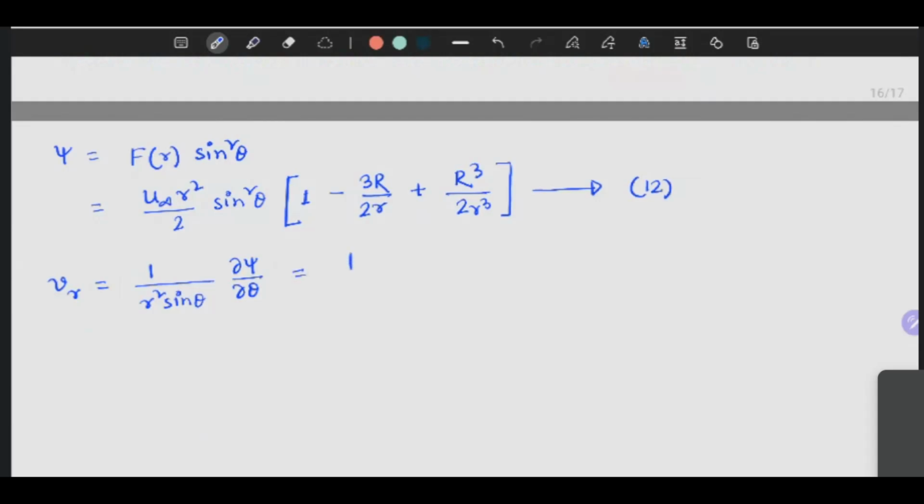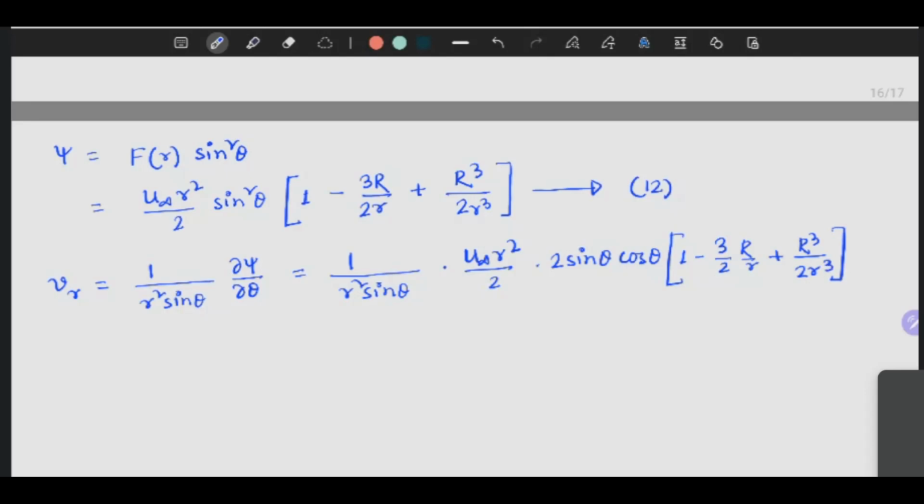So that makes 1 by r square sine theta. So delta psi delta theta is only this value. So this becomes U infinity r square by 2 into 2 sine theta cos theta into 1 minus 3 by 2 R by r plus R cube by 2 r cube, sorry, rather.